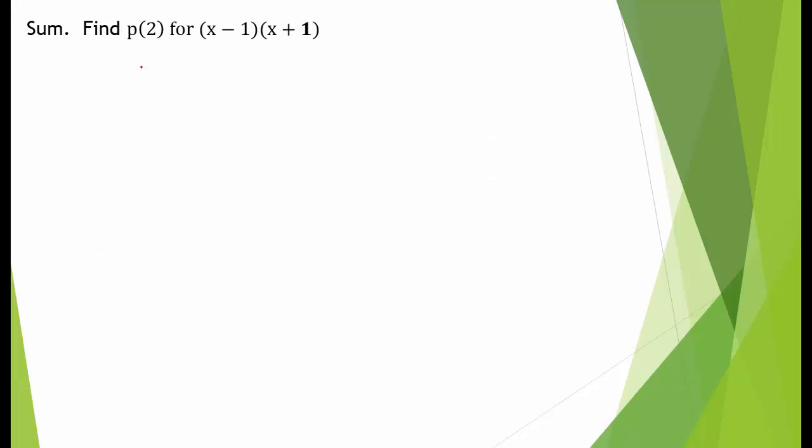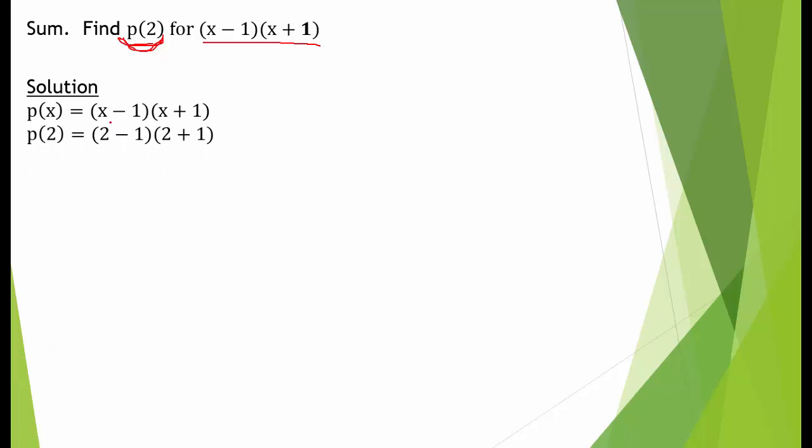Now find p of 2 for this. This means find the value of the polynomial at x equals 2. So p of x is x minus 1 into x plus 1, and for p of 2 we replace x with 2.